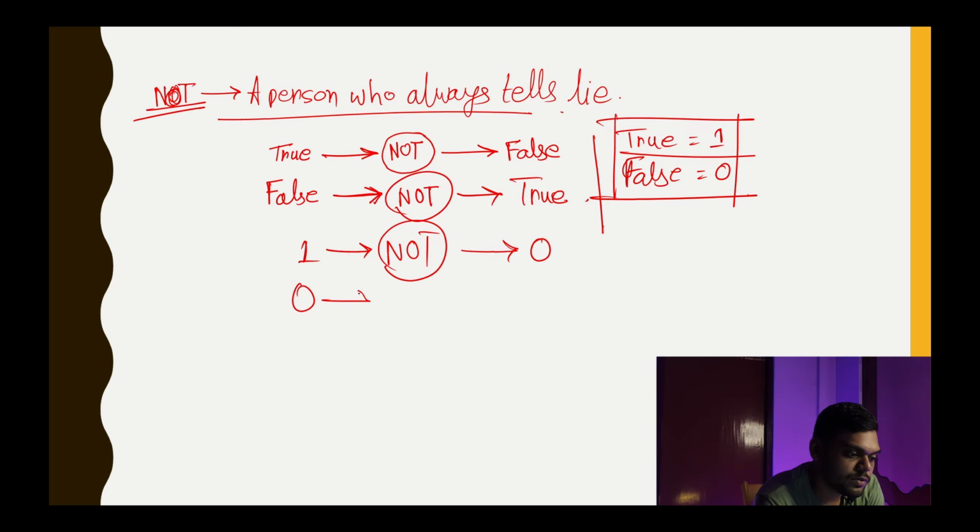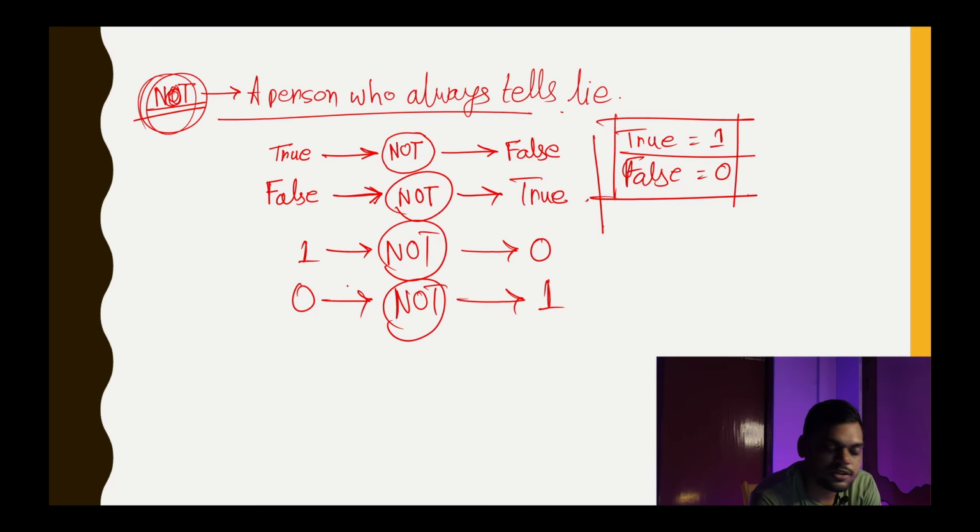If we give input as 0 to the NOT gate, it will become 1 as output. So this is the function of the NOT gate. It just complements the input, or you can say it just reverses the input. It acts as an inverter, not the inverter that lights up the whole home supply, but the inverter that just reverses.